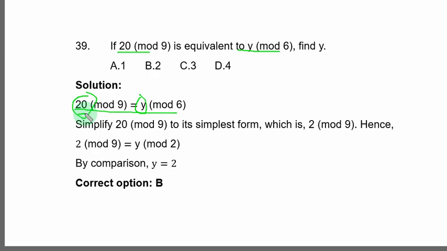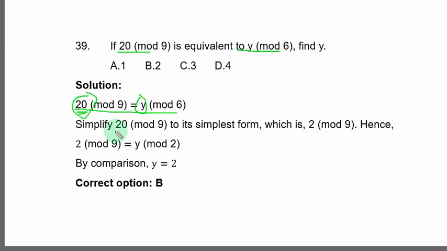Modulo 9 has 9 elements, 0 to 8. What you do is that you divide 20 by 9 and note the remainder. If you divide 20 by 9, you have 2 remainder 2.